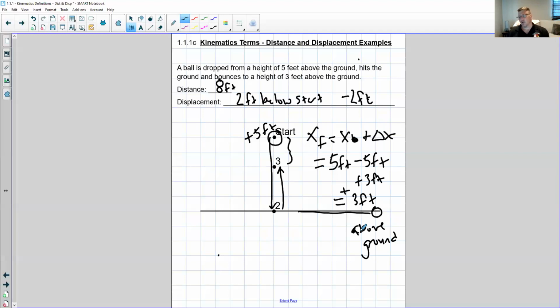So from the start of when we were looking to the end of when we were looking, the displacement is either 2 feet below the start or 3 feet above the ground. And it depends. We're perfectly justified in referencing it any way we want, as long as we weren't told a specific way that we were to reference it.